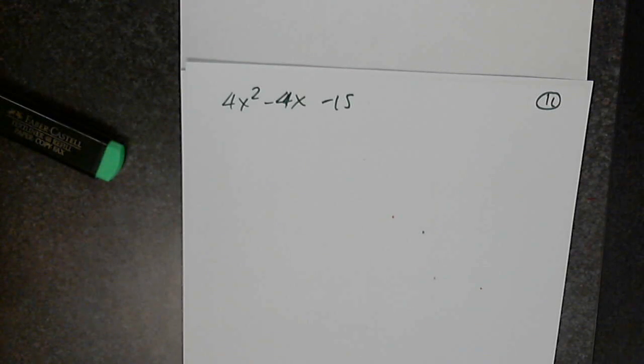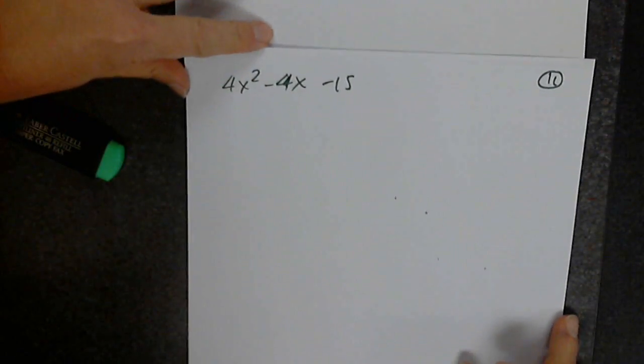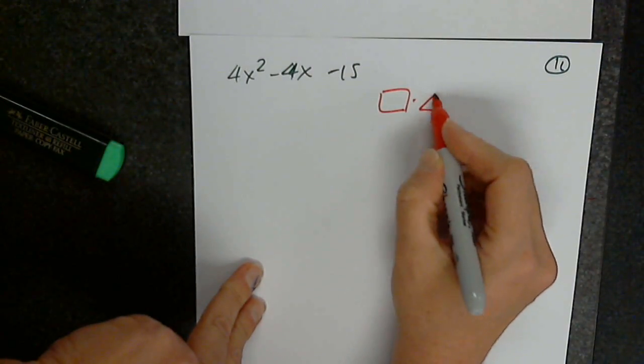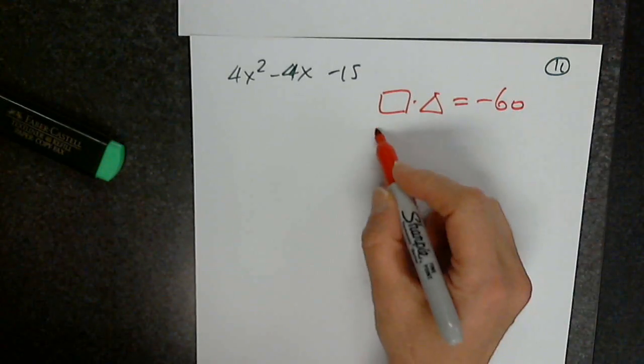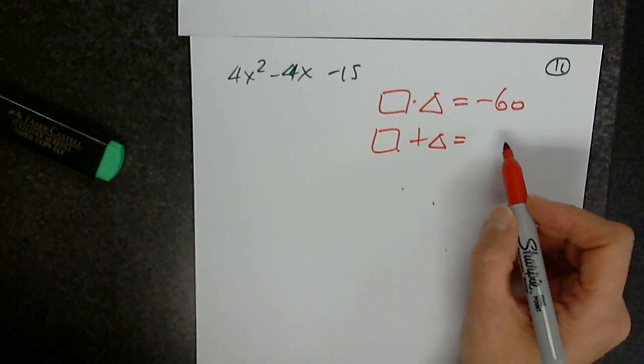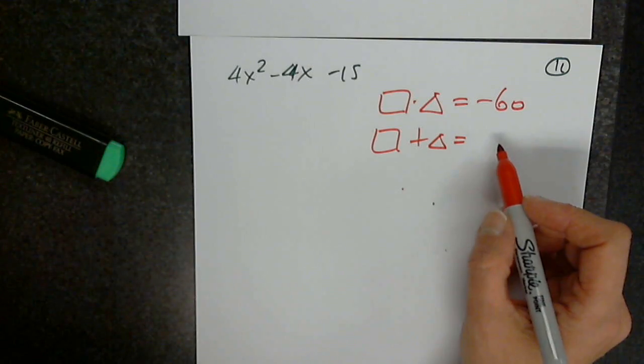Is it in descending order? Yes. Greatest common factor. Negative leading coefficient. Special product. 1 as the leading coefficient. We're down to the very last option, which means we are looking for two numbers whose product is, don't forget the signs of those numbers, negative 60 and whose sum is negative 4.